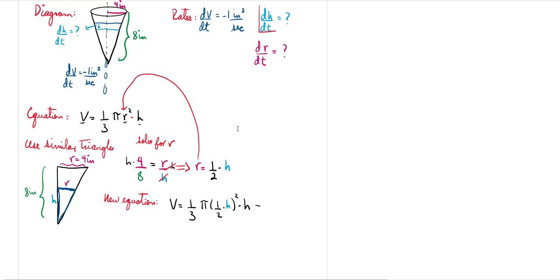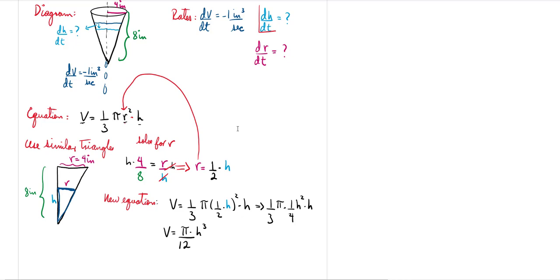So what will that give us? That's equal to 1/3 pi times 1/4 h squared times h, which gives us the formula: the volume is equal to pi times h cubed over 12.